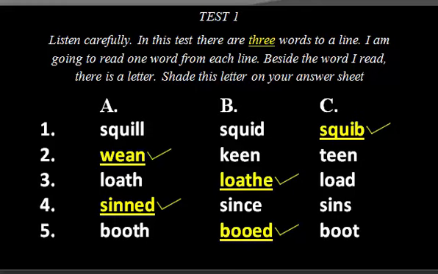In example 4, the word I read is sinned, S-I-N-N-E-D. Now, the other words on this line also have the same word beginnings. As you can see, there's an S-I-N beginning each word.